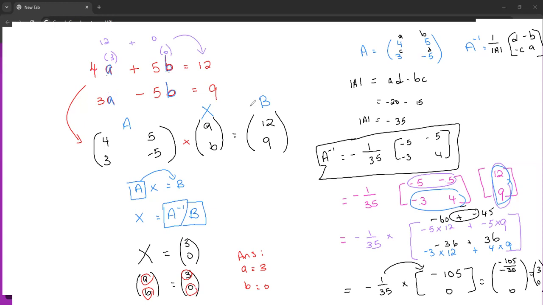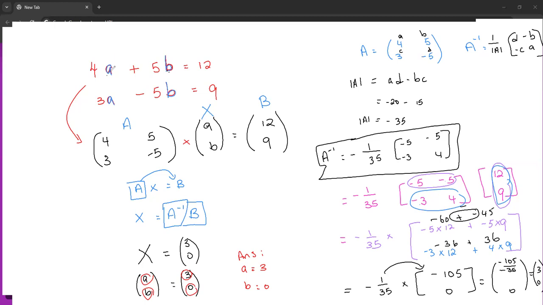So just to recap, simultaneous equations and matrices, you pull it out into the form of matrices. Take out the numbers. You're putting it in the same order in which you removed it, with the sign and everything in front.